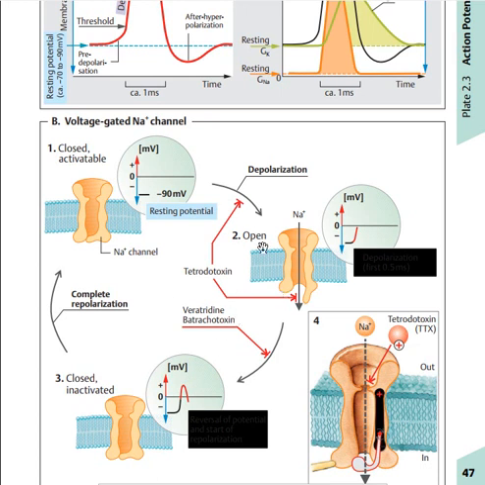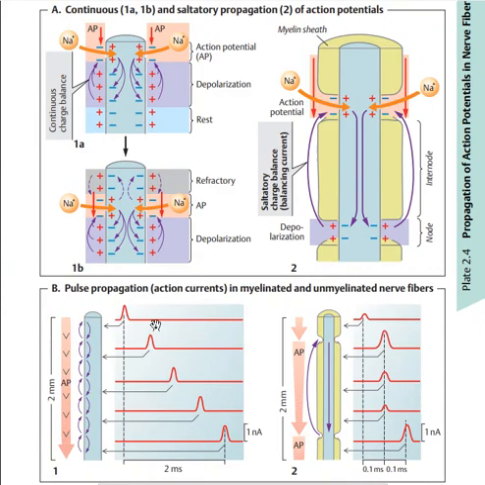Normally when sodium ion enters, it's going to be inactivated again later during repolarization. The prevention of this inactivation is via veratridine and batrachotoxin. So these are the points that you visualize here.